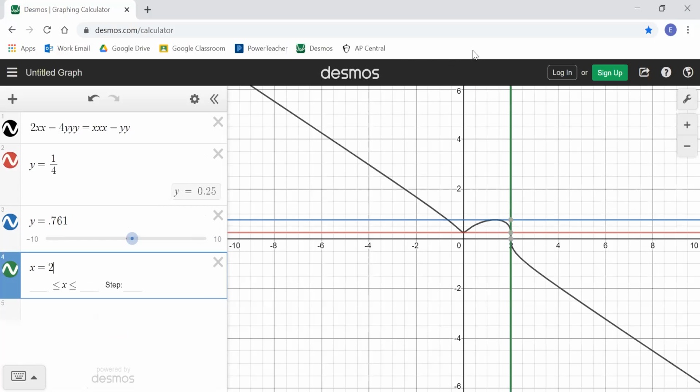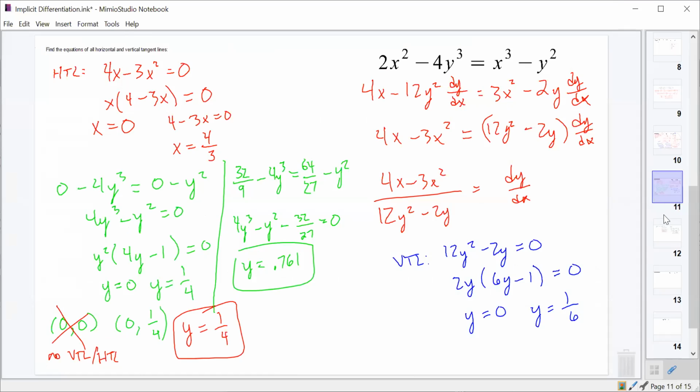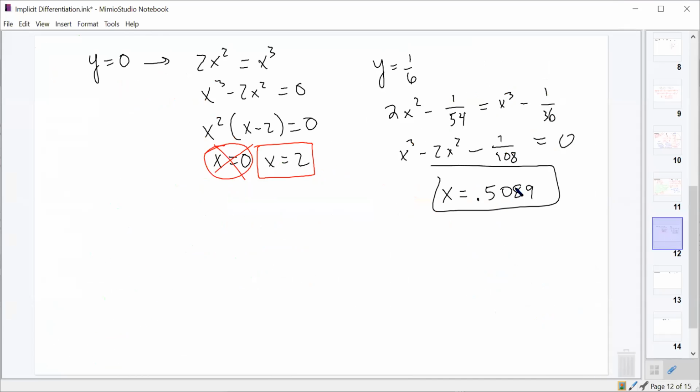Yeah, I think when you did the graph for that last vertical tangent, you did 4x cubed instead of just x cubed. Oh, that would be a huge problem.